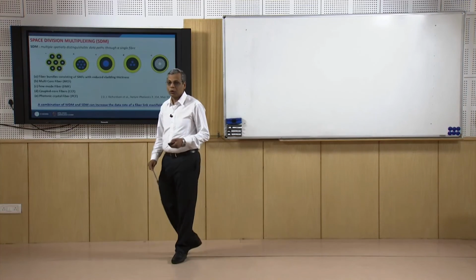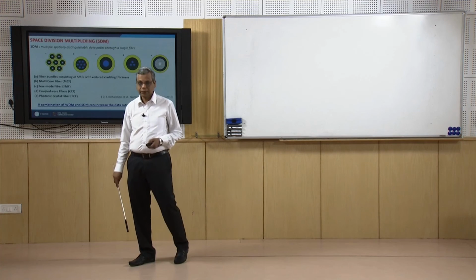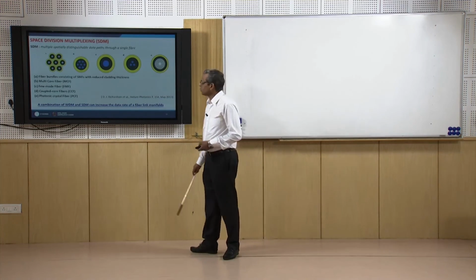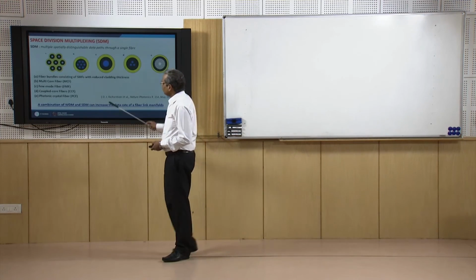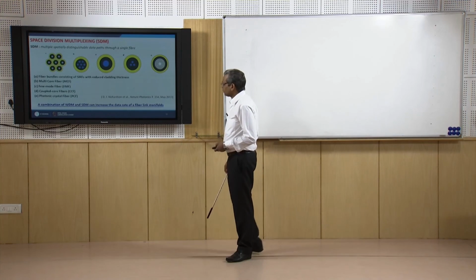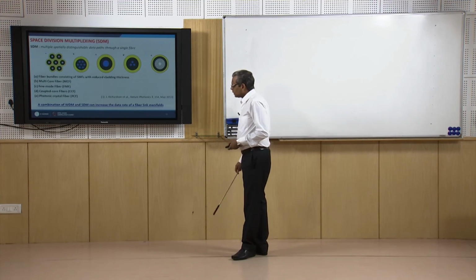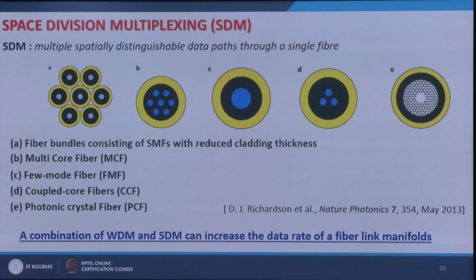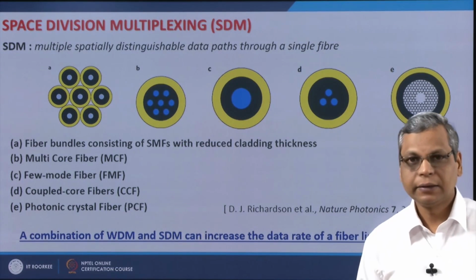You can make hollow core fiber out of it, where there is no material. So, there is no dispersion, and very less loss. So, people are looking at all these possibilities, and it is envisaged that a combination of WDM and SDM can increase the data rate manifold.